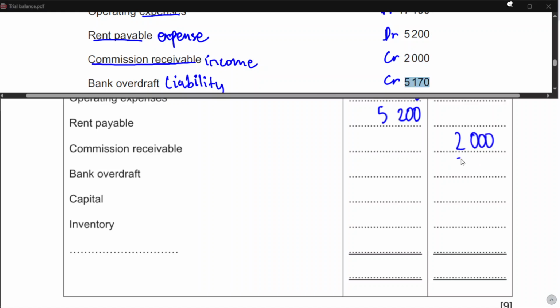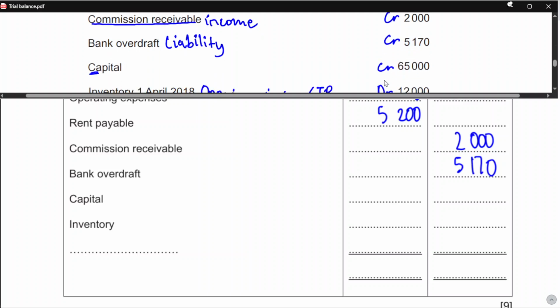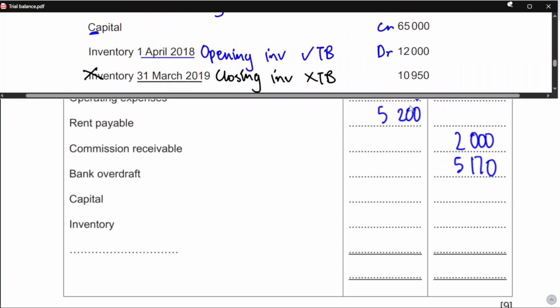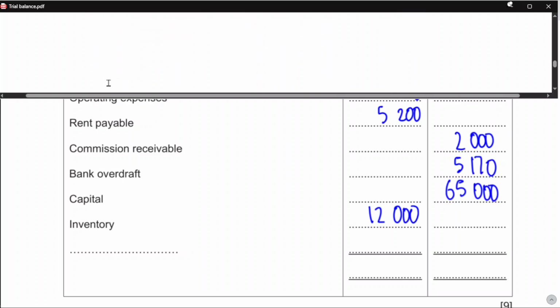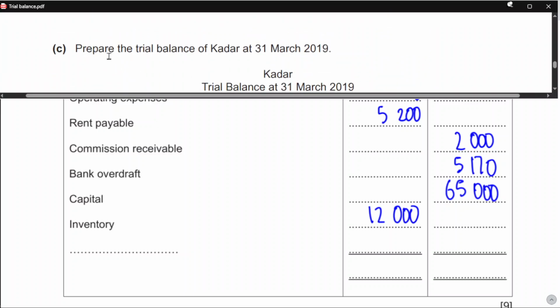Credit, right. Credit, right. Debit, left. This one no record. Okay, we are done.